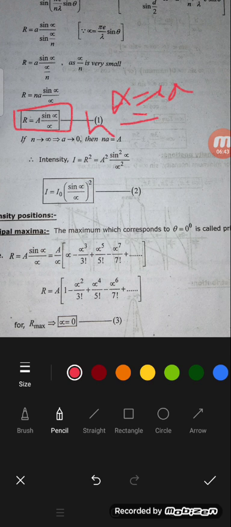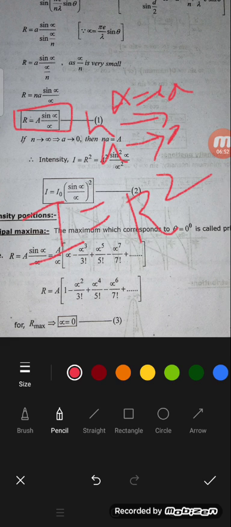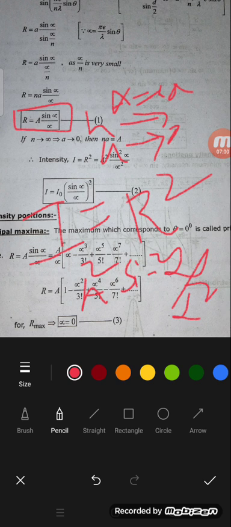As n tends to infinity, small a tends to 0. The intensity is the square of the amplitude, so I is equal to R square, that is A square sin square alpha by alpha square. This is the intensity of the light.